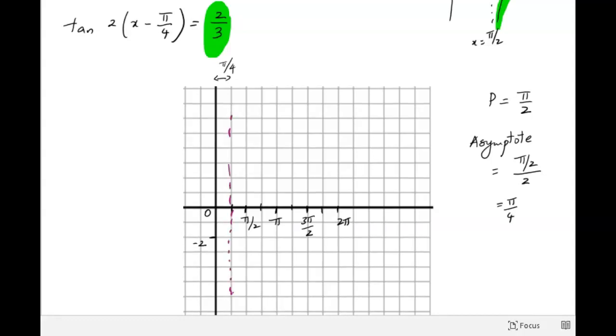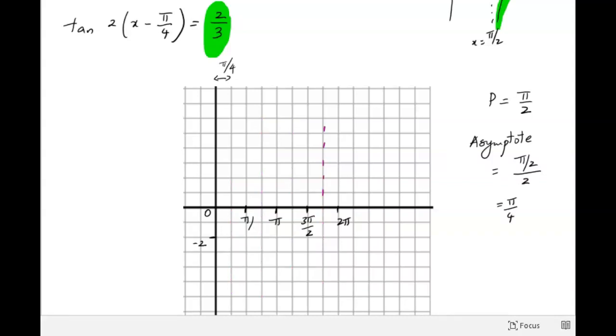So at pi on 4 we complete one cycle, and then we have the second asymptote for the second cycle, third one for the third, and the fourth one for the fourth. So that's the way we'd flow if we didn't take into account my horizontal shift.